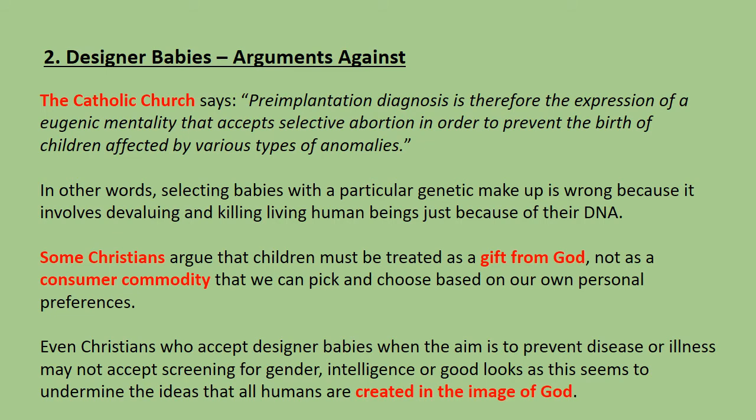It has strong overtones of racism and discrimination against the disabled, all these kinds of things are in that word. So what they mean is selecting babies with a particular genetic makeup is wrong because it involves devaluing and also killing human beings just because of their DNA. You're basically saying some people are less worthy than others.